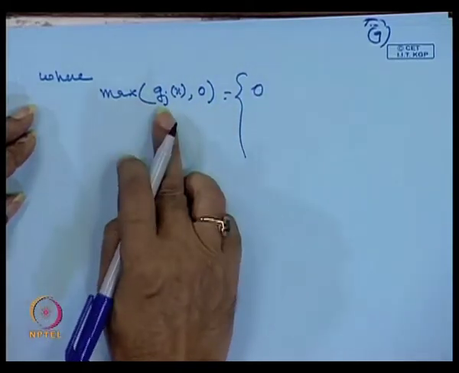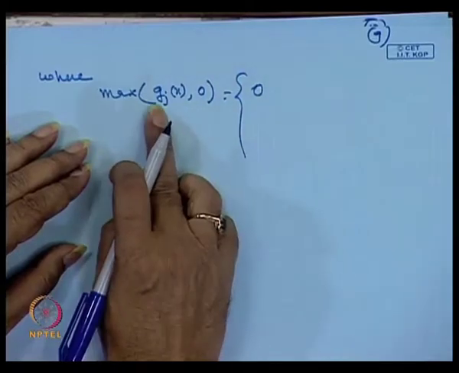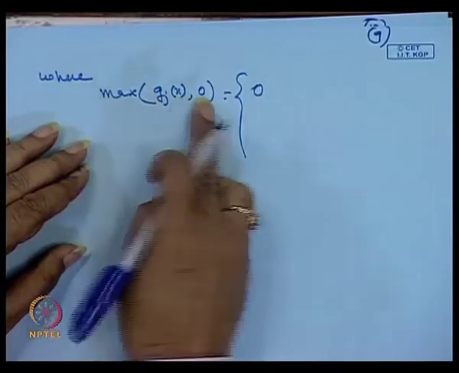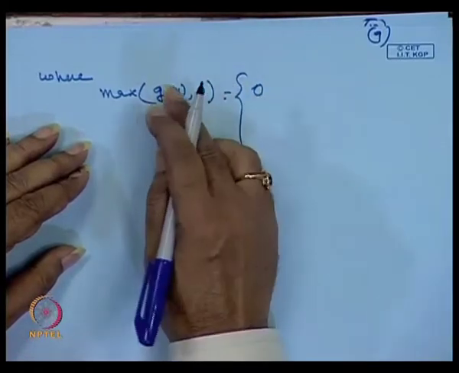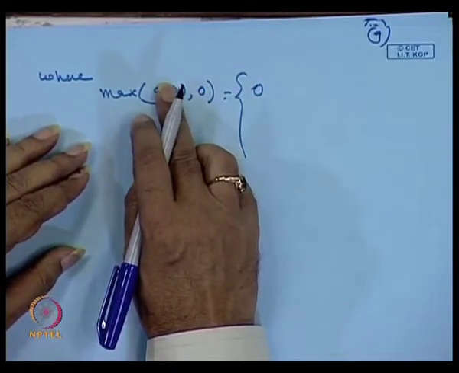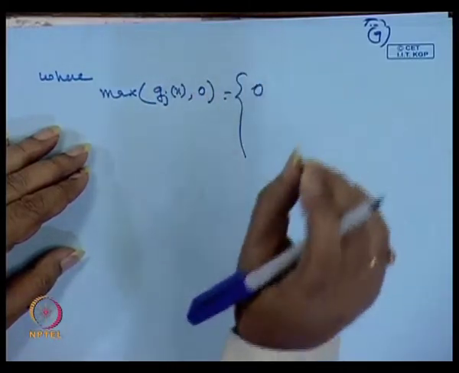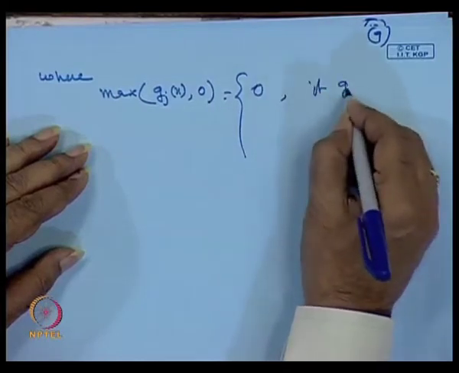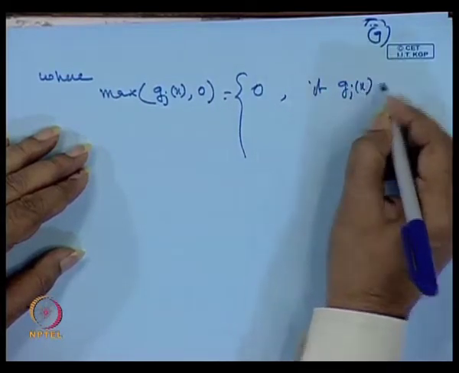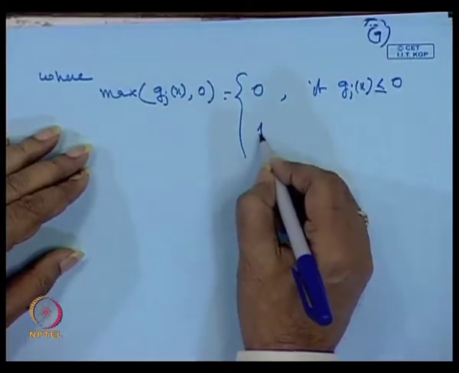Because when it satisfies our constraints, that means this value is less than 0, the maximum of this is 0, because this value will be zero minus a negative quantity when g_j(x) is less than that, meaning x is in the feasible region. That means, if g_j(x) is less than or equal to 0, it is equal to 1.